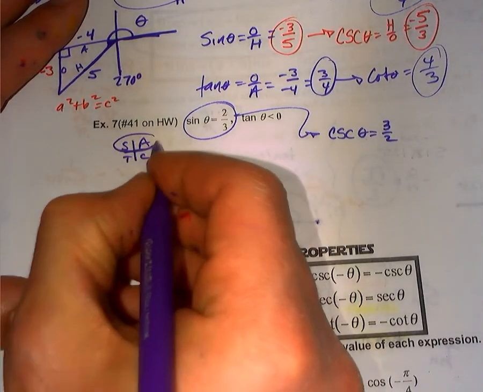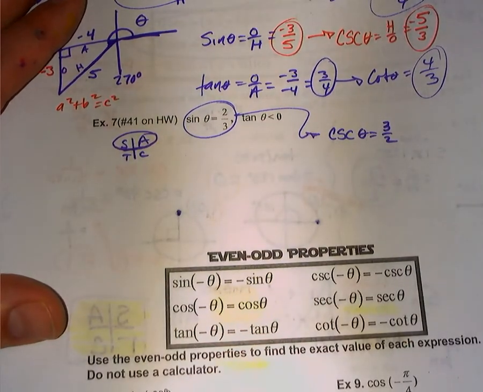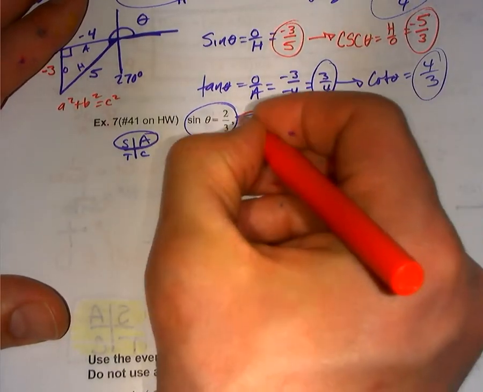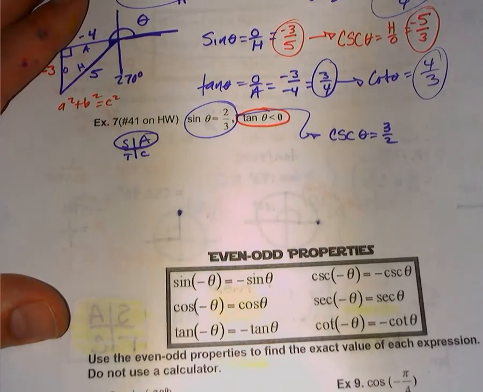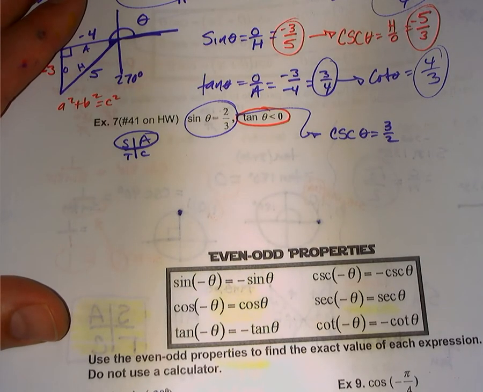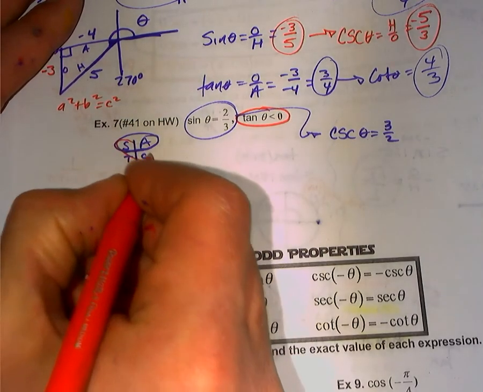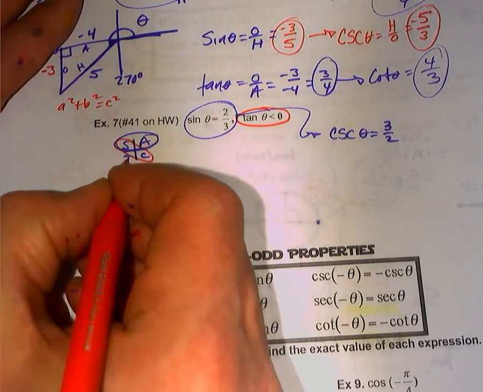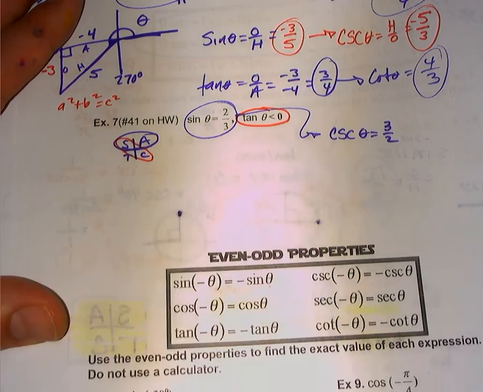A and S, right? Then they say tangent is less than 0. Well, I know where tangent's positive, A and T, so that means tangent is negative in S and C. They're all positive here, tangent's positive here, so it's got to be negative in the other two.